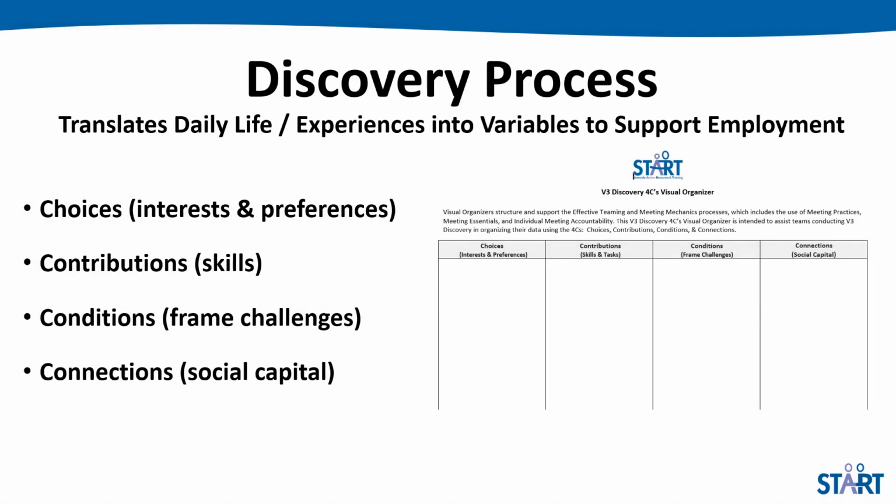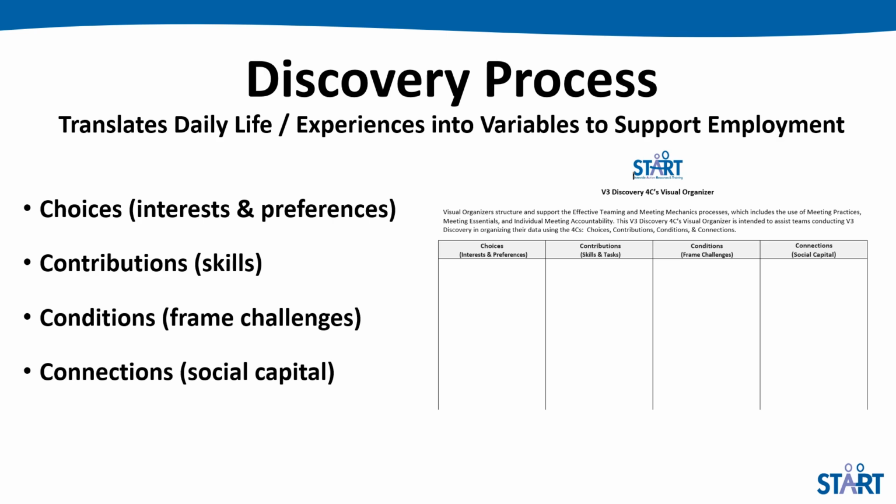As a reminder, the core of Discovery is really translating what the student currently does into variables that will help support competitive integrated employment. And we've organized those variables into the 4 C's. So no matter what step you're on, no matter what kind of information you're gathering, we're really trying to frame those into what does this tell us about the individual's interests and preferences that we've titled choices.